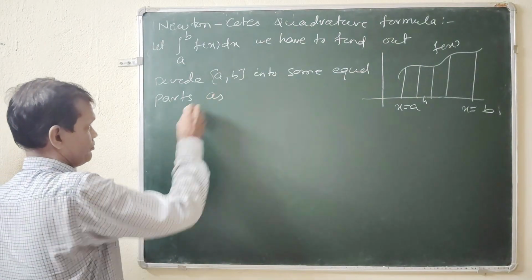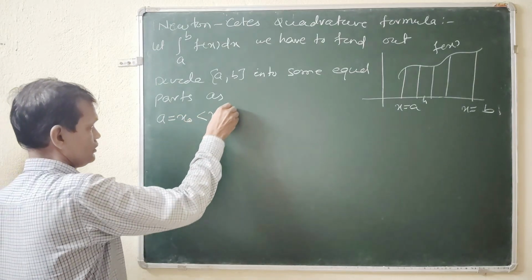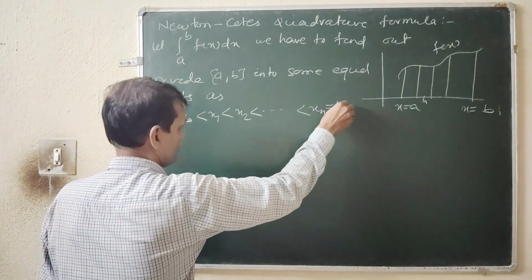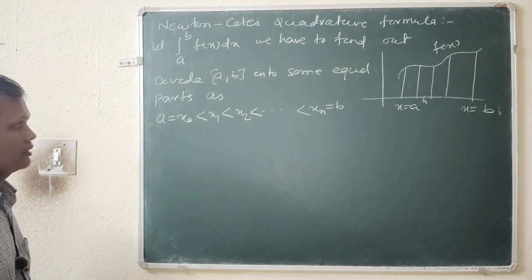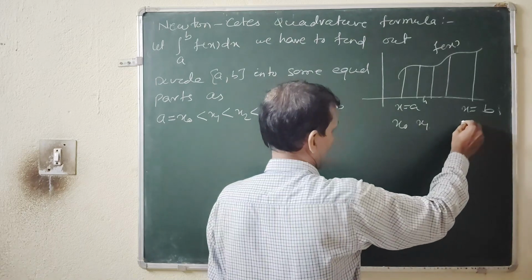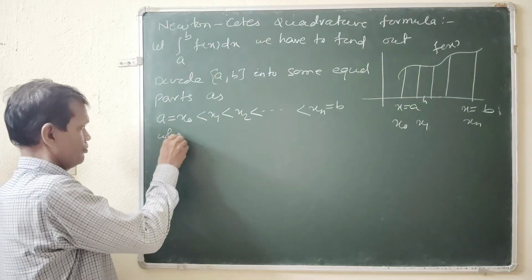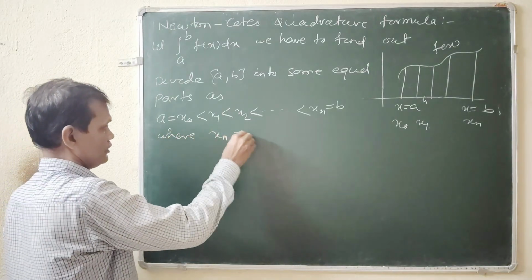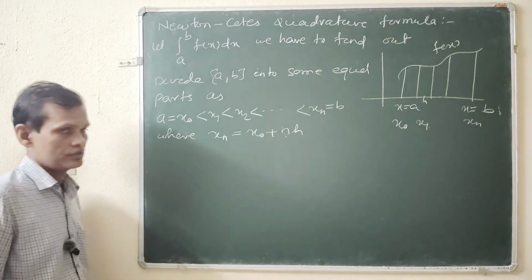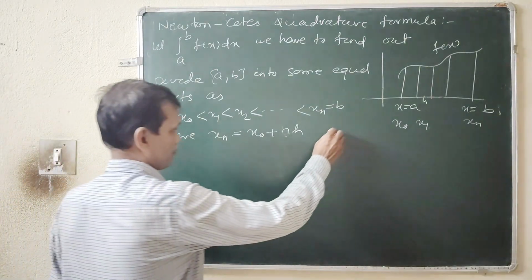The first point is a, we call that x0, less than x1, less than x2, up to xn, and that point is denoted as b. That means the first point is x0, the next point is x1, and the last point is xn, where xn is equal to x0 plus nh. h is the step length.